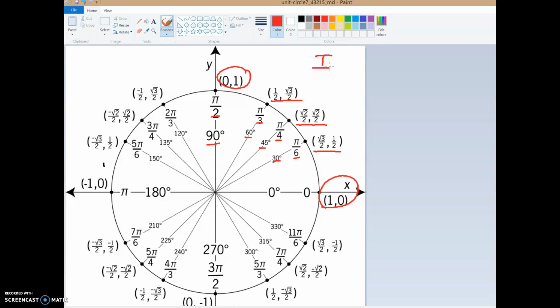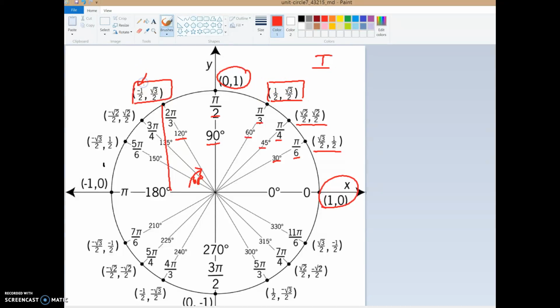There is a symmetry to your unit circle. I want you to notice that when I move over here to my 120 degrees, this is also an angle that would be created using 60 degrees. If I consider that 60-degree triangle, just coming up from the x-axis, a different reference angle, you can see that this ordered pair is the same as this ordered pair.